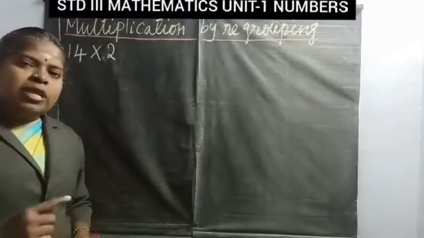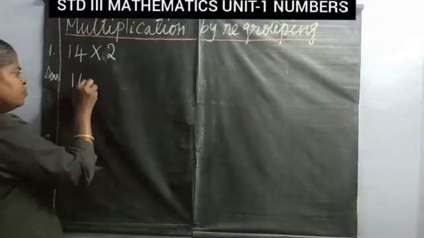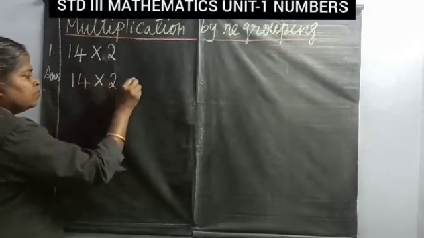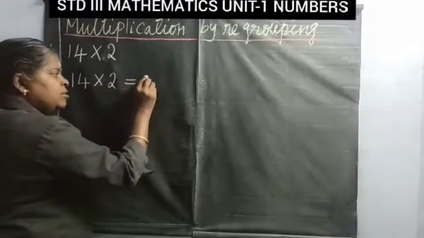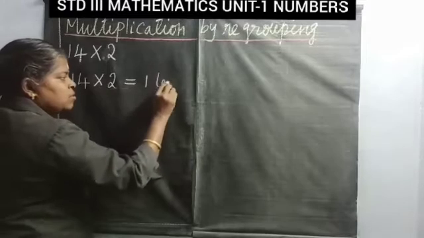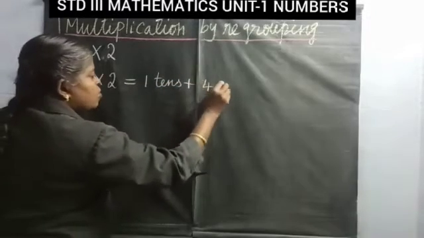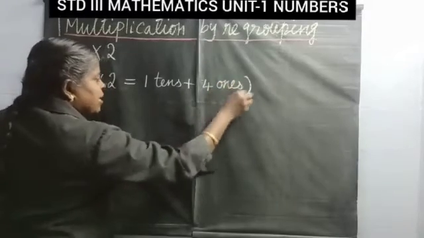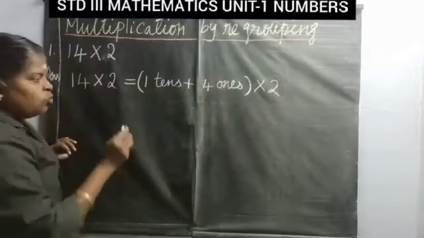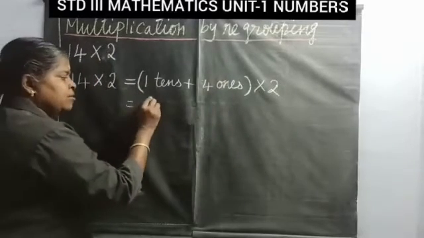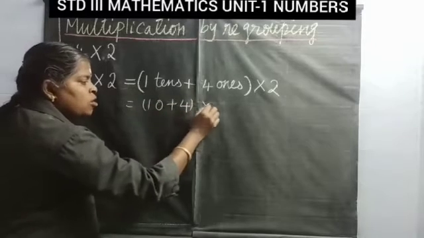Now we can do regrouping method. 14 into 2 equal to. First we can regroup 14. 1 ten plus 4 ones into 2. 1 ten is 10. 10 plus 4 into 2.